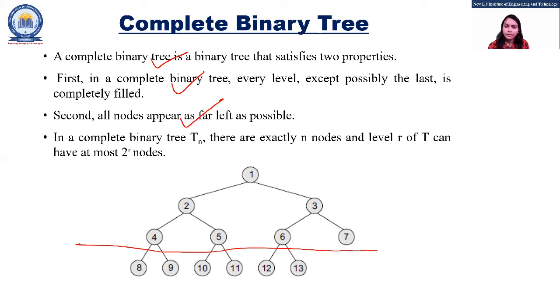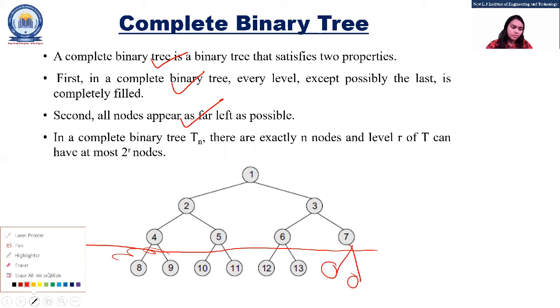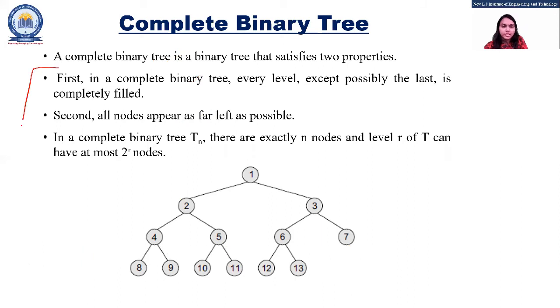The last level might not be filled, but to whatever extent it is filled, it has to be from the far left, from left to right. It should not be the case that here we don't have nodes and here we have two nodes. It should always start from the left. So this is very important. These two conditions you need to write in the definition of a complete binary tree.